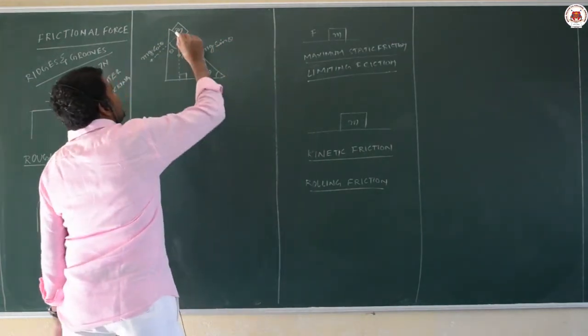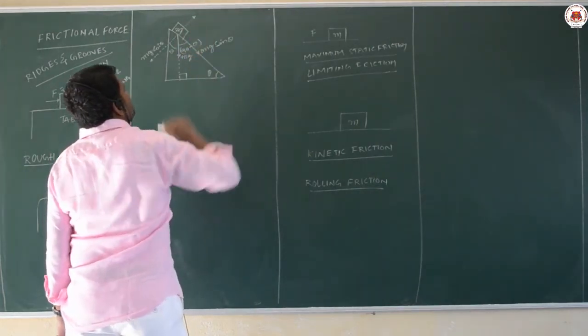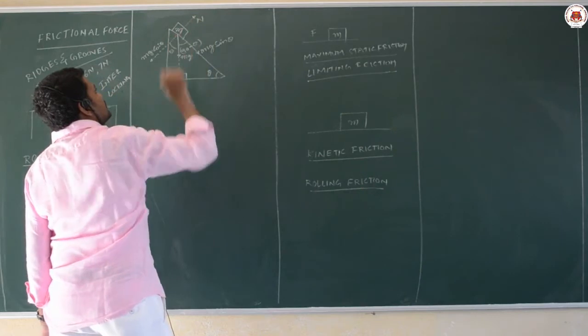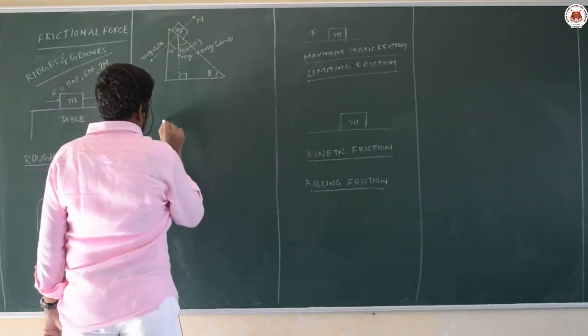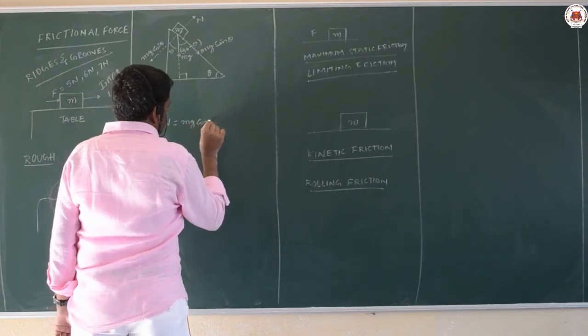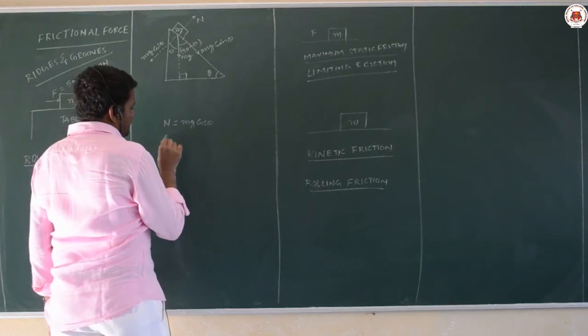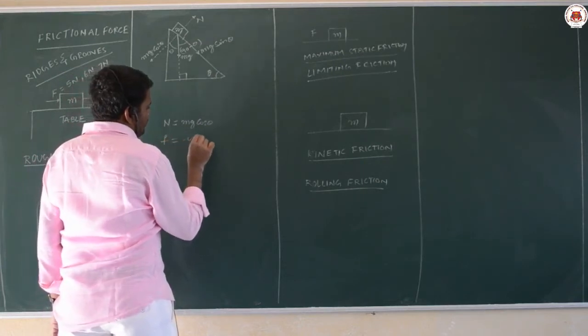Now this is the normal reaction, the force which is acting perpendicular to the lower surface of the upper body. In this case, normal reaction is equal to mg cos theta, and from this you can write frictional force is equal to mu mg cos theta.